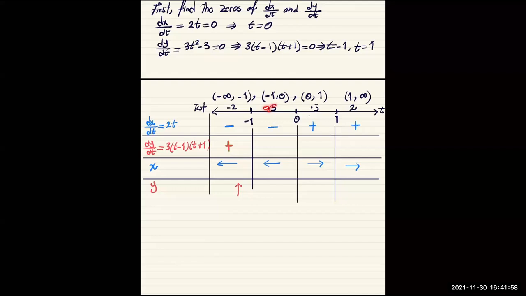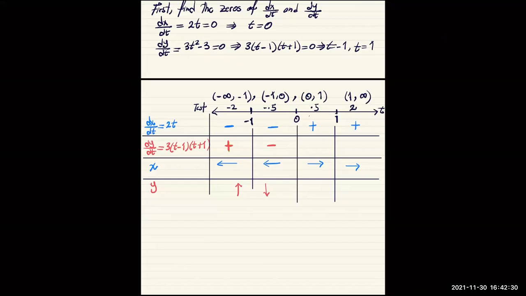All right. Take -0.5 and plug into your factors. -0.5 minus 1 is negative. -0.5 plus 1 is a positive. Negative times positive gives us a negative dy dt, which means motion is downward. All right. Take 0.5 and plug that here.